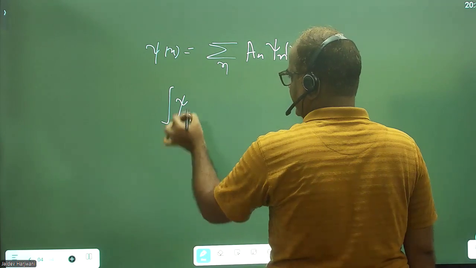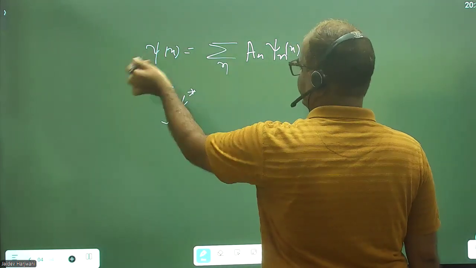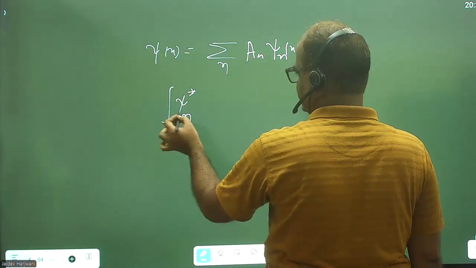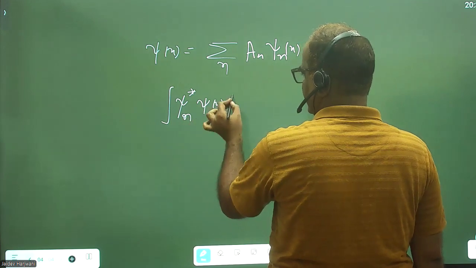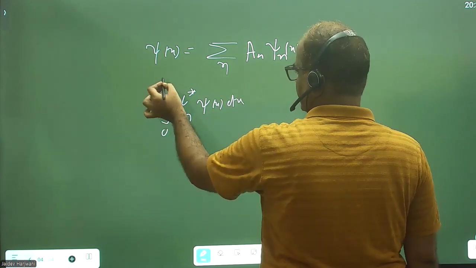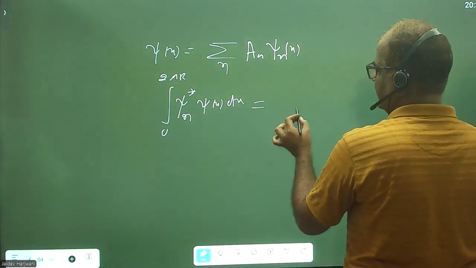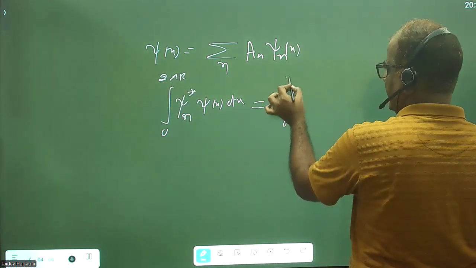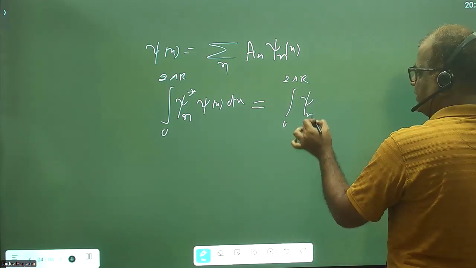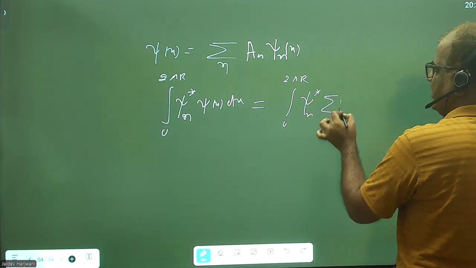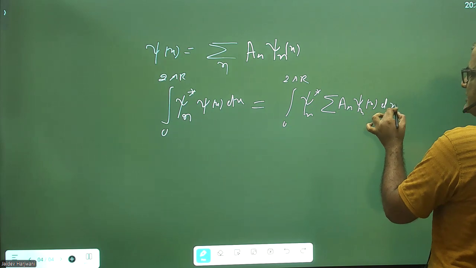I take the component of psi n in psi x, that is the integral of psi n star psi x dx between 0 to 2 pi r. If I calculate this, I get the integral from 0 to 2 pi r of psi n star times the summation of a_n psi_n x dx.